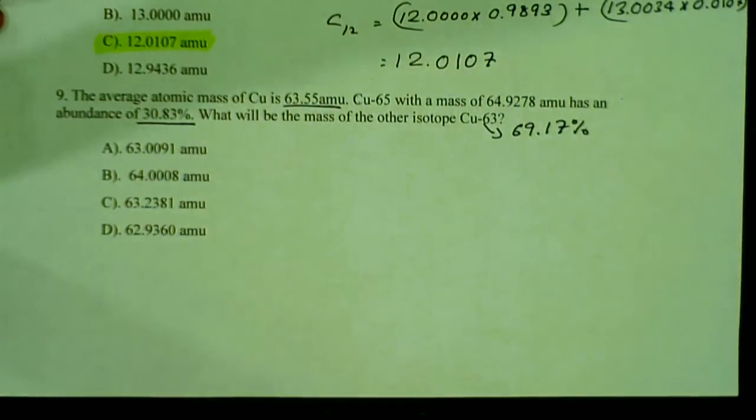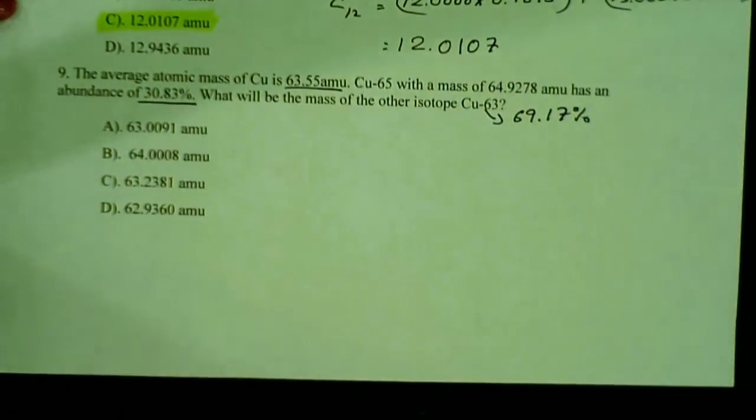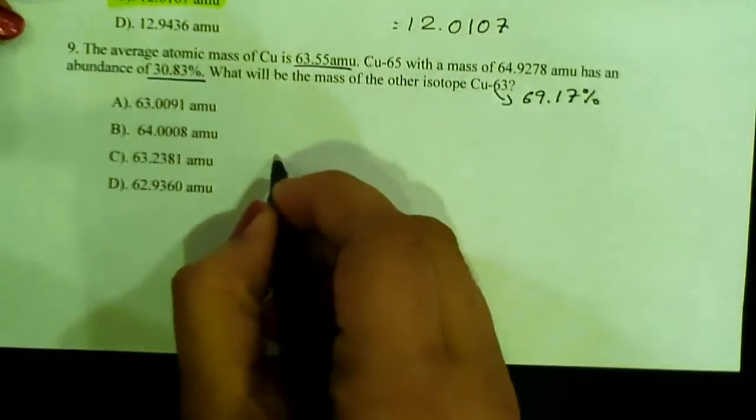Sometimes it will not be given, so just 100 minus whatever the percentage of the given isotope is, and you will get the percentage of the other isotope. If there are 3, percentages of 2 of them will be given, and you just look for the third one.